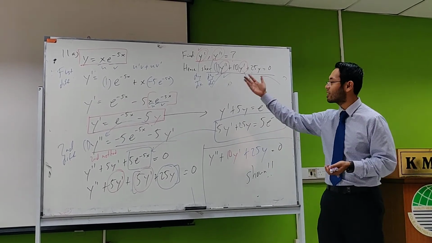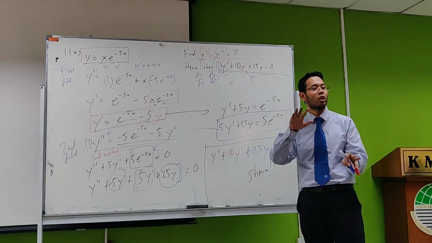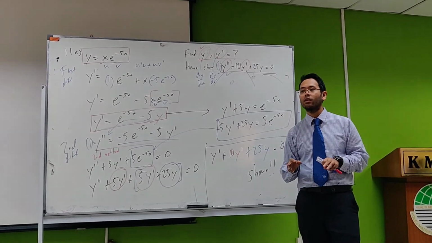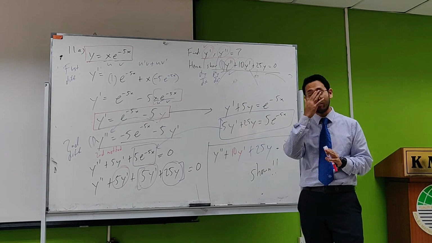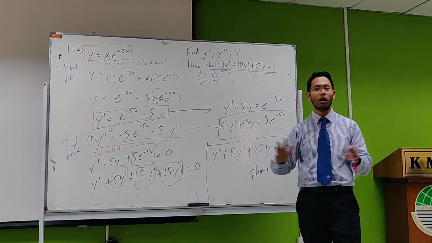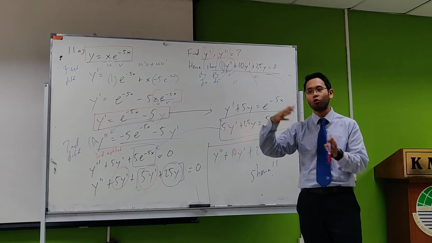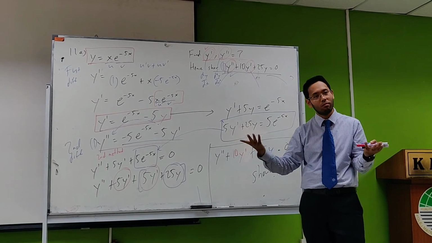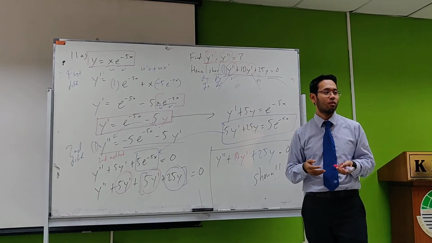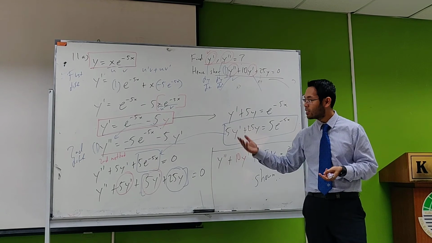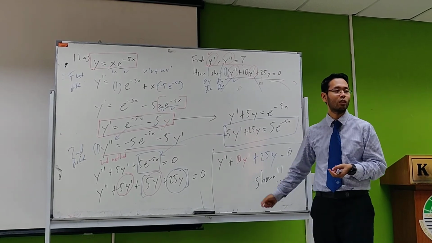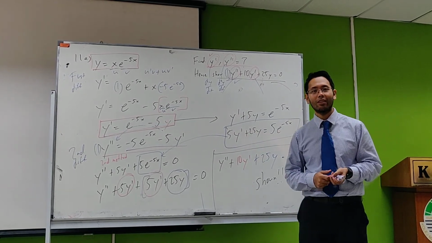The second method is a lot shorter, but you need to think. You need to plan on how to get there. My advice is, if you look at the second and think, wow, I can't do this, then choose the first one. 8 out of 10 maybe you can do it. If you think you can try the second method, then give it a go. It's fun. Okay, alright, that's all.